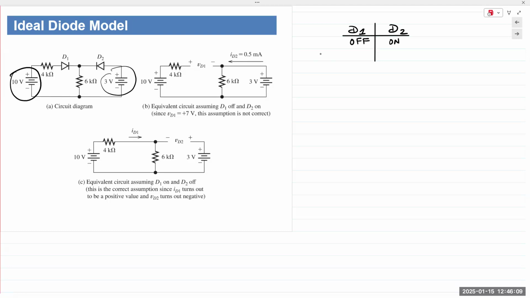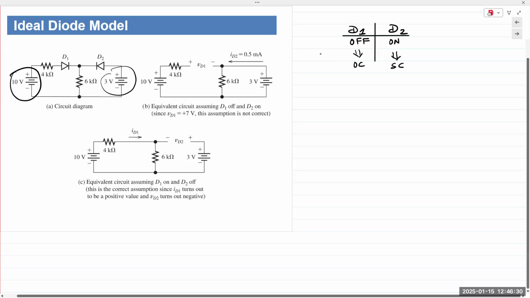Now, if D1 is off, then it's replaced with an open circuit. And D2 is replaced with a short circuit. So if you redraw the circuit, you end up with this.